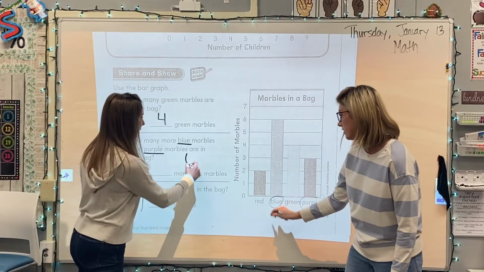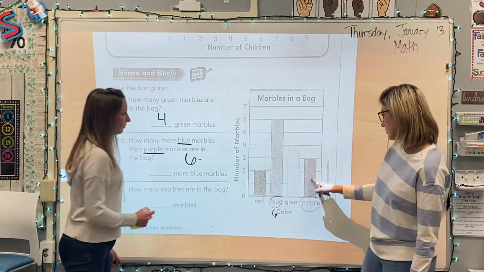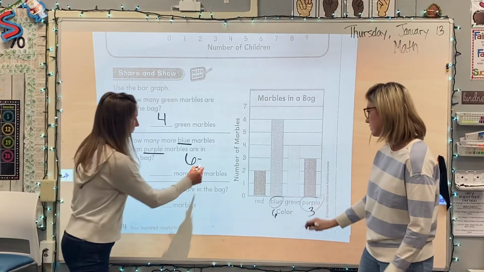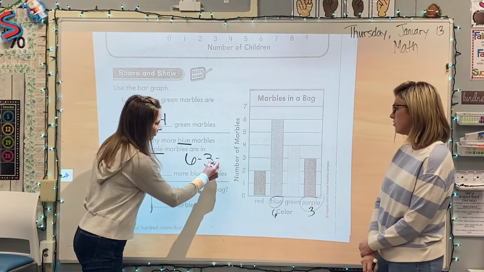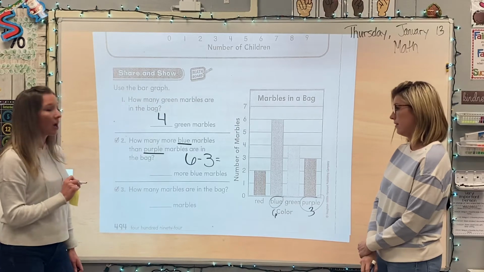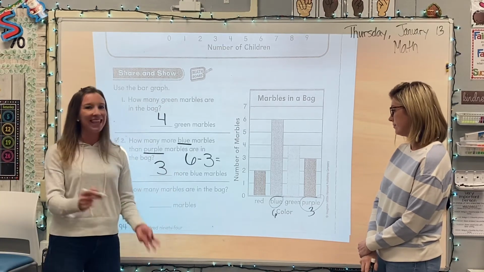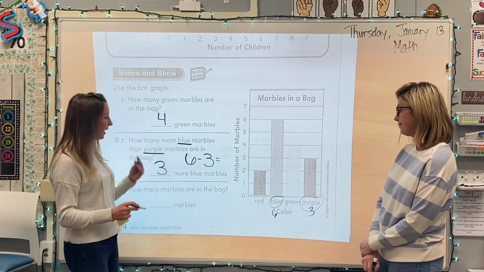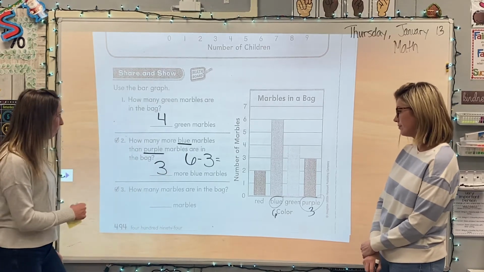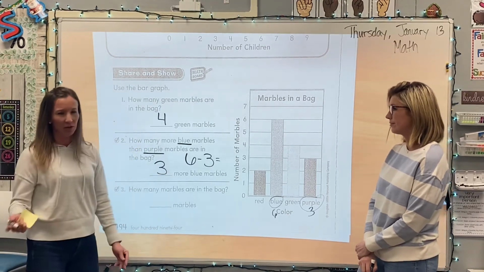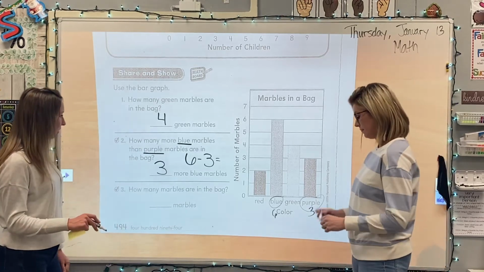You're going to write that there. And it looks like there's 3 purple marbles, so I'm going to subtract 6 minus 3, which gives me 3. So there are 3 more blue marbles than purple marbles in the bag. That makes sense. So the more than is a comparison question.